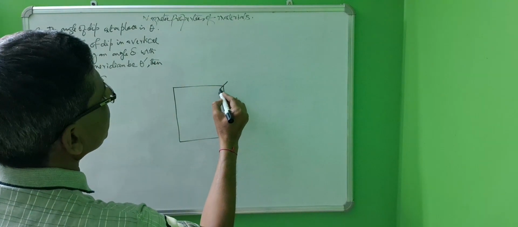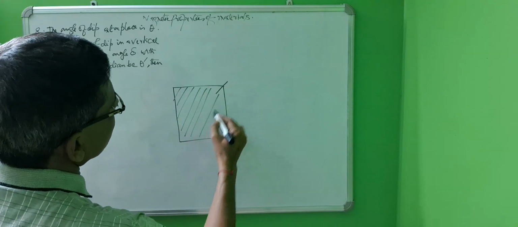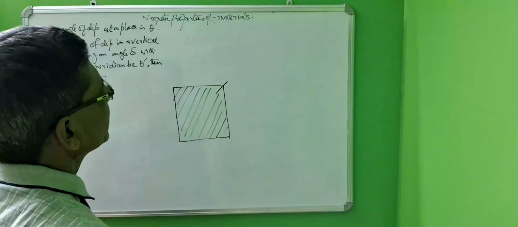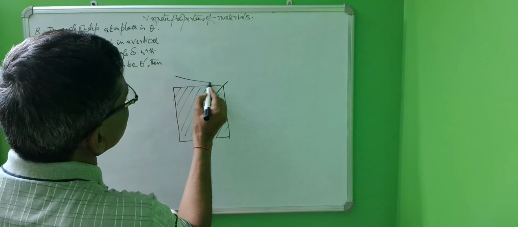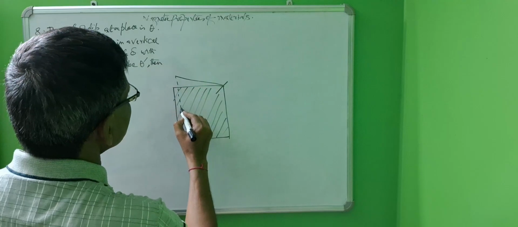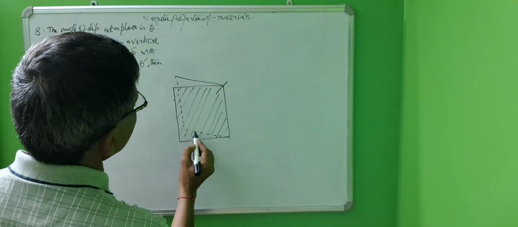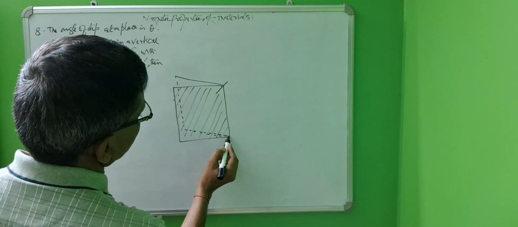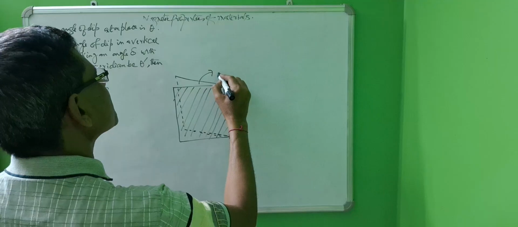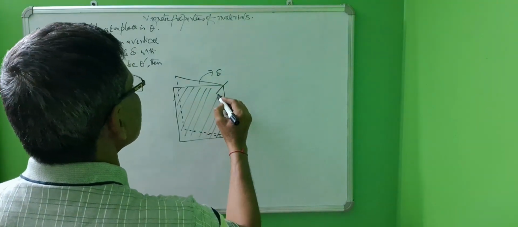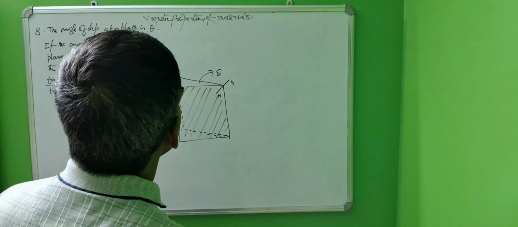This is the magnetic needle. This is the magnetic meridian at that place. Suppose this is angle delta, and this is the north pole and south pole of the magnetic needle.